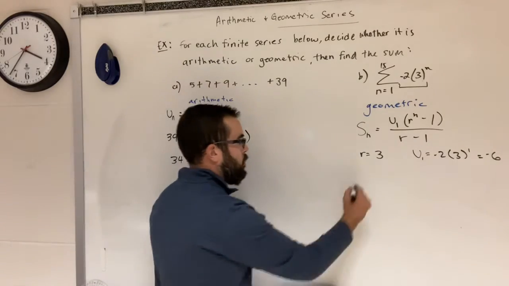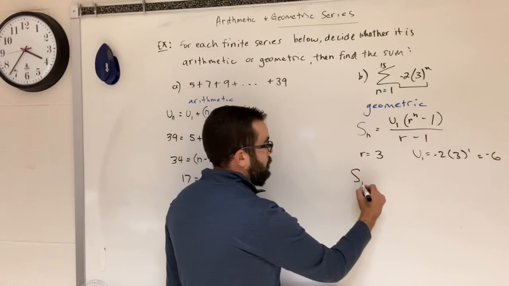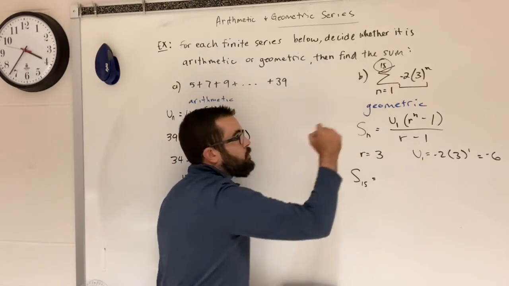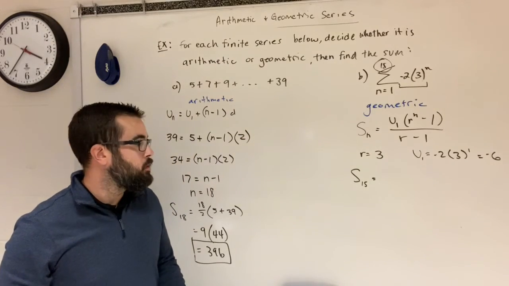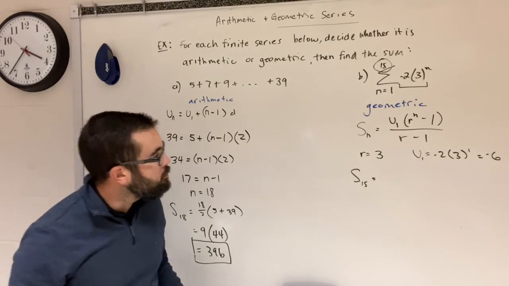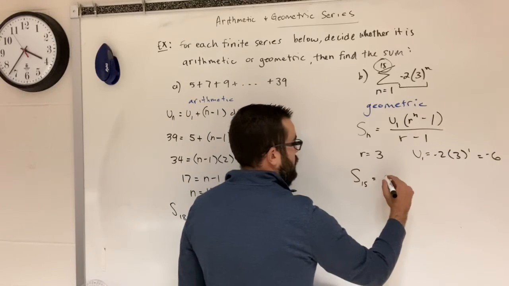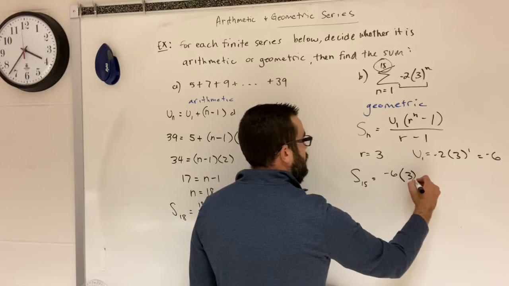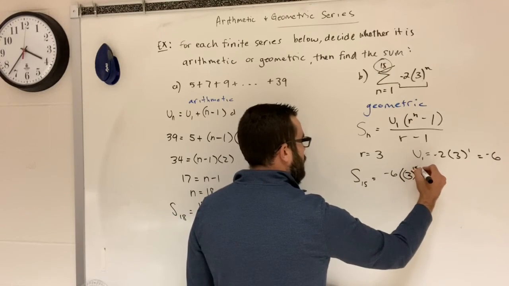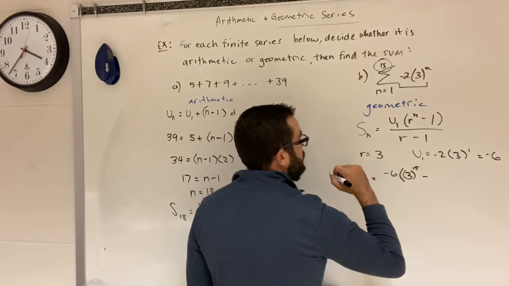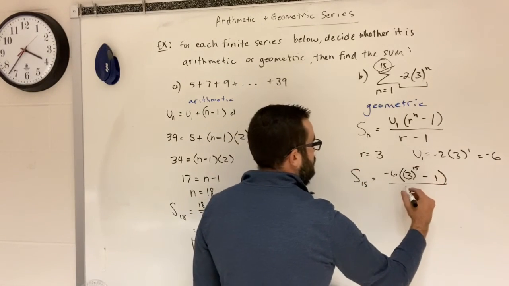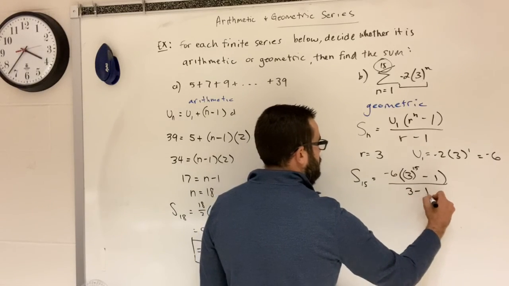All right, so the sum, how many terms is there? Well, this upper limit tells you how many terms there are. There's 15 terms. So the sum of those 15 terms is going to be u sub 1, negative 6, times 3 to the 15th power minus 1, all divided by r, which is 3, minus 1.